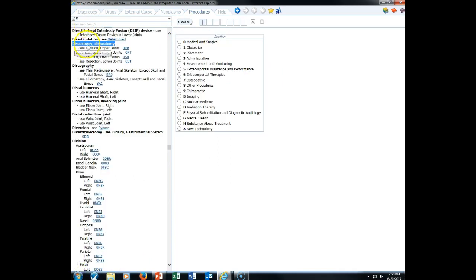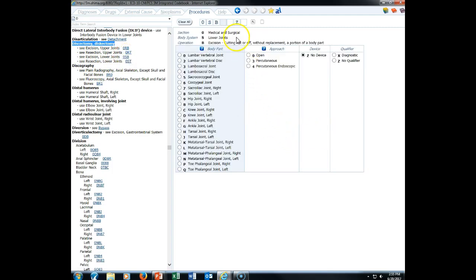Now, if we go to discectomy, we will see excision lower joint. And this lumbar vertebrae is actually below the diaphragm, so it is considered to be a lower joint, and it's an excision. So we really actually would use this lower joint code for this example as opposed to the excision of the vertebrae.